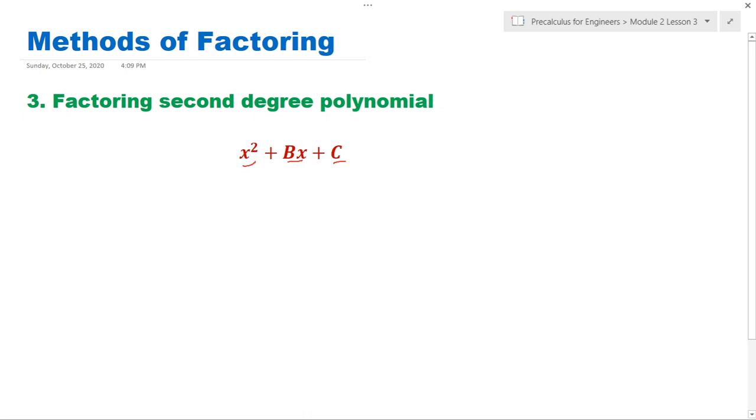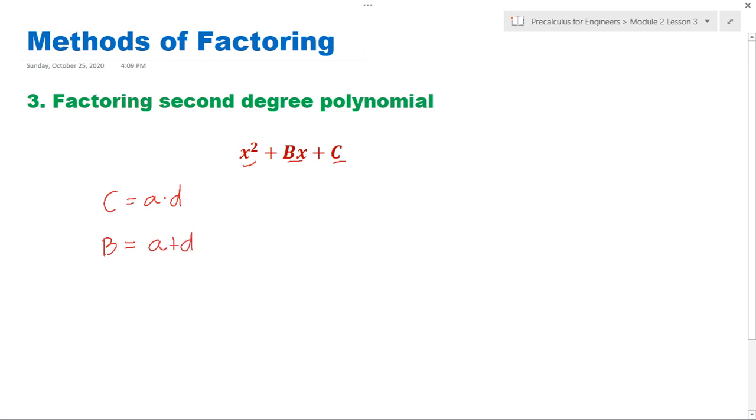Let's say we have a factor of our last term c, which is equal to a certain factor a times d. Then, in order to verify the middle term b, it must be that the sum of your factors a and d, a plus d, must be equal to b.